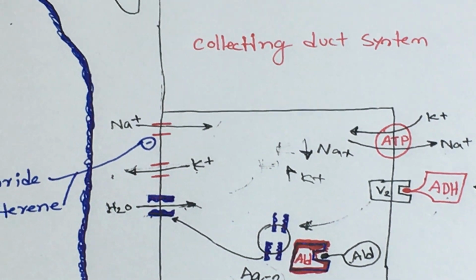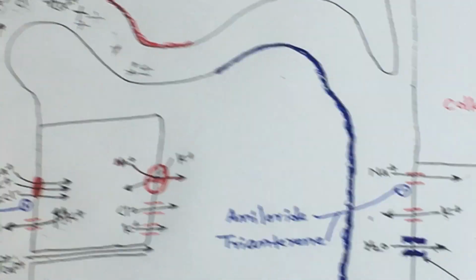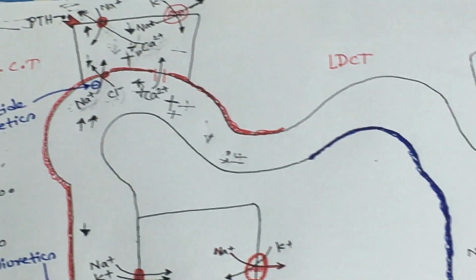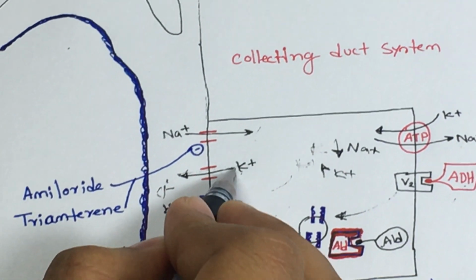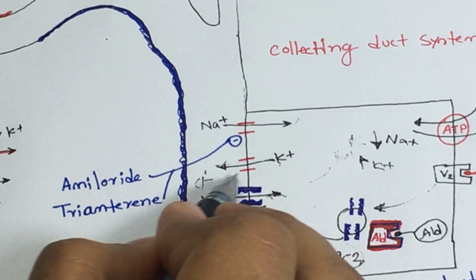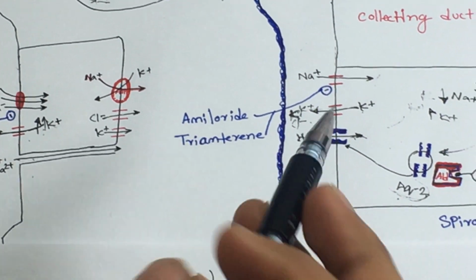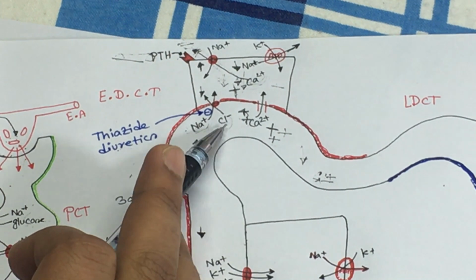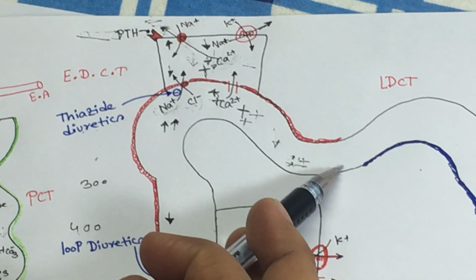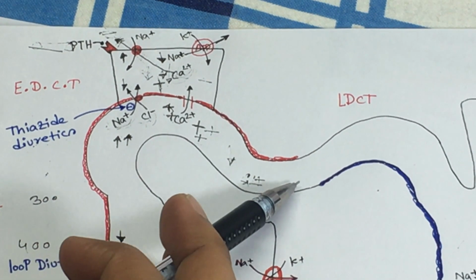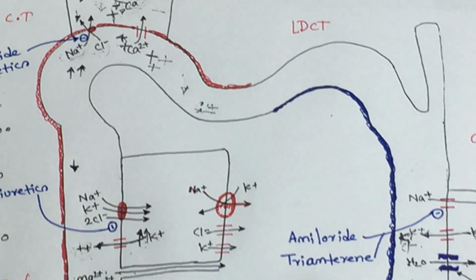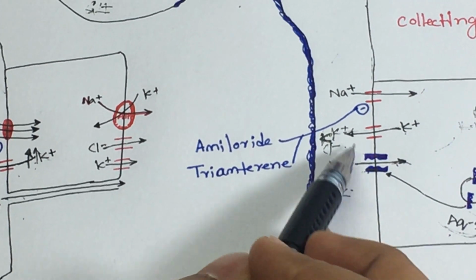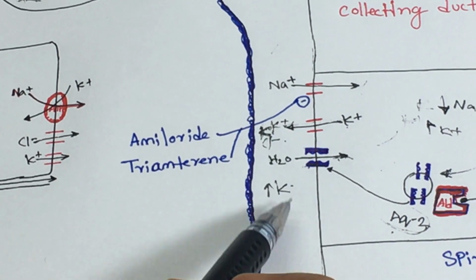Another way to explain this: if we block this transporter, then chloride is a negative ion, so it will also attract this potassium. Another explanation: if we inhibit this transporter, sodium chloride in the tubular fluid will be increased. That means tubular flow will be increased, so more potassium will be washed out from this area.